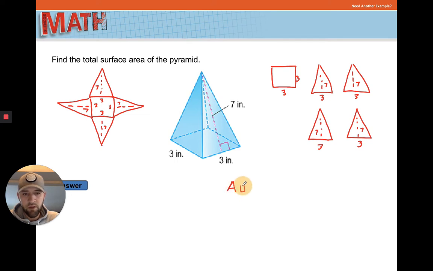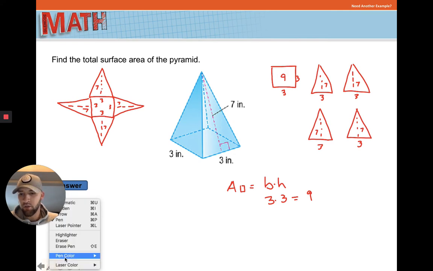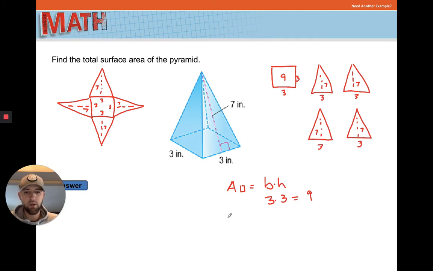The area for my square, all I have to do is base times height. Technically, all I have to do is 3 times 3, which is equal to 9. So we'll put 9 in the center here. I'm going to switch colors for my triangles, and we'll go to the area of a triangle.